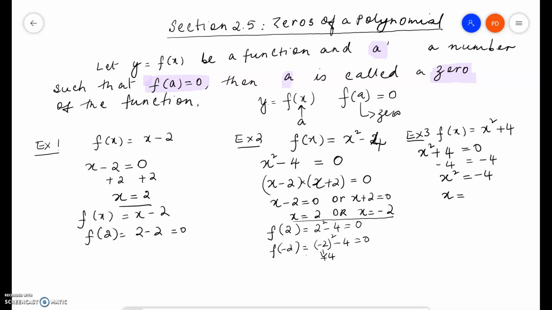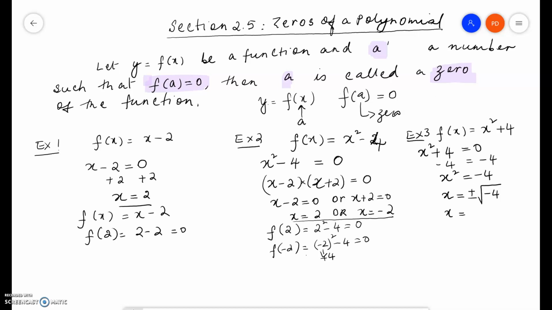Take square roots on both sides. Remember to do a plus or minus when you take square roots. Square root of negative 4. Notice that square root of negative 4 is not a real number.